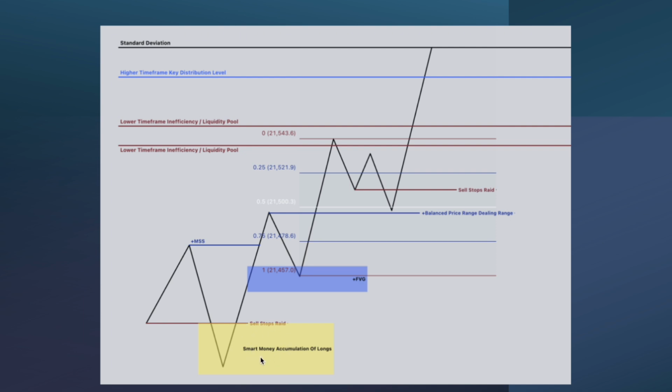Smart money accumulates longs. Smart money pairs their longs with their existing shorting or the sell stops. So these people are losing for us to get inside of a position. And this right here is also a higher time frame key level that we were aiming for.